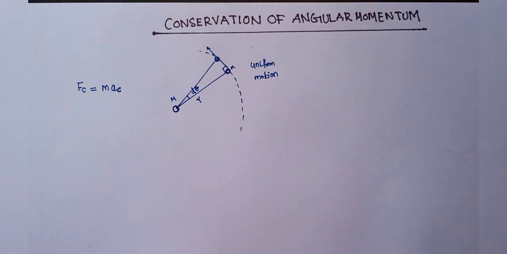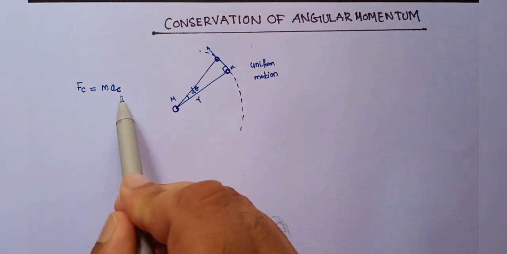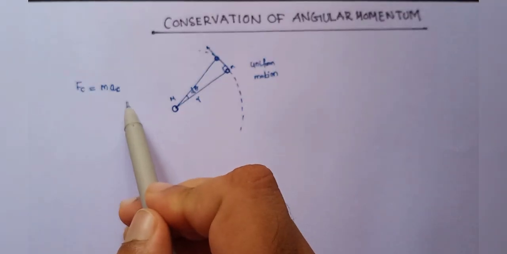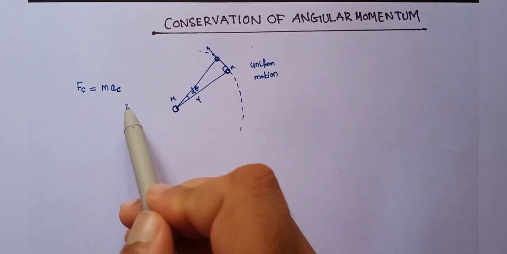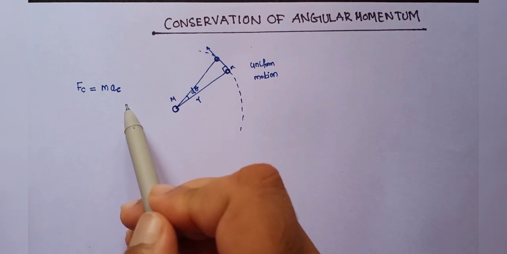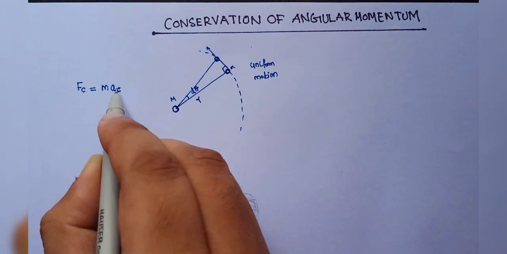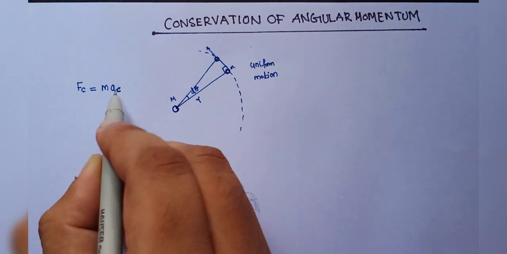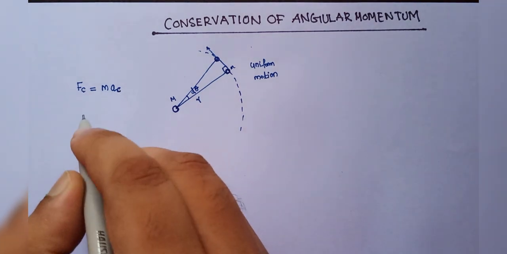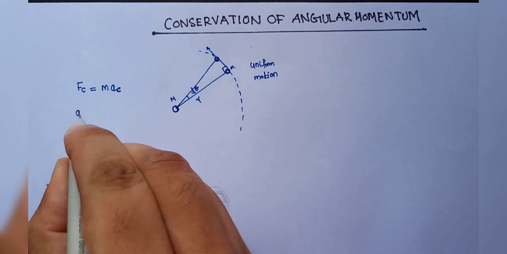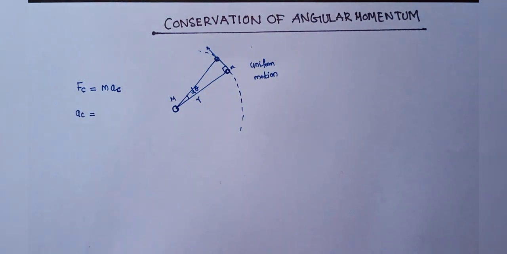When I explain certain steps I make some mistakes, so make sure you follow my writing accordingly. If there is any confusion, you can refer to my writing. Once again, as per Newton's law, F is equal to ma, and centripetal force is associated with centripetal acceleration.